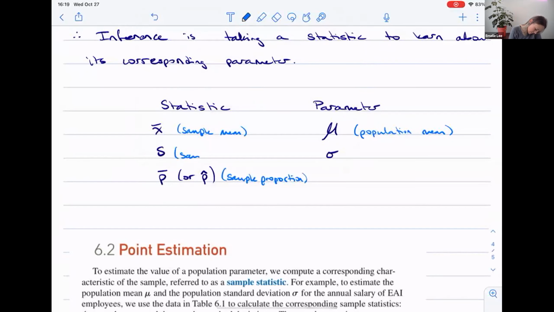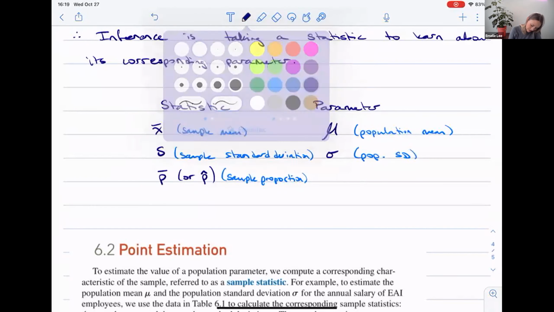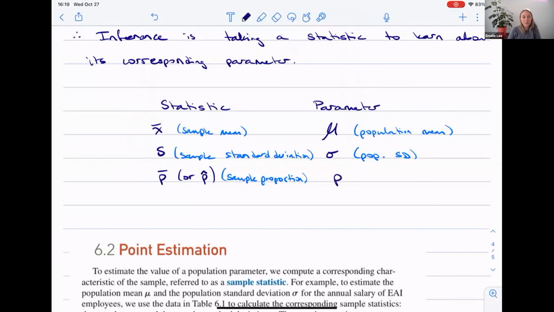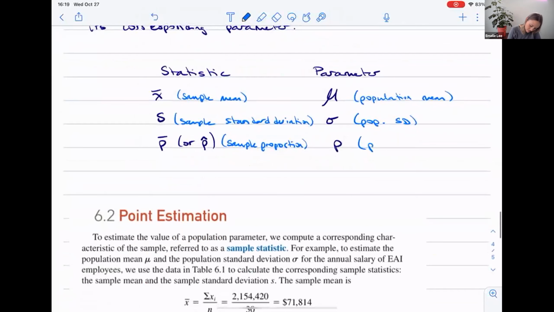This is the sample standard deviation. Population standard deviation, and P we'll use, you could use pi, but it gets confusing because we have the irrational number pi, so this is the population proportion.